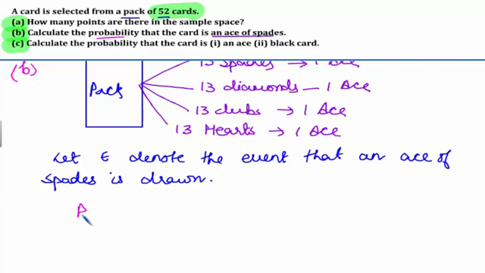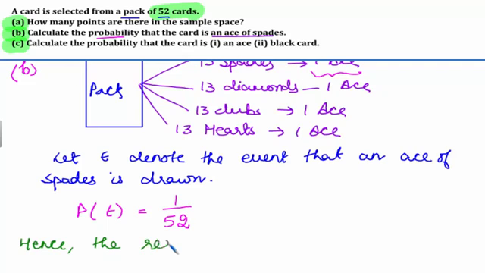Therefore, probability of the event E is equal to the number of favorable outcomes to the event E, and there is 1 ace, so we have 1 upon the total number of sample points in the sample space, which is 52. Hence, the required probability is 1 upon 52 that an ace of spade is selected.